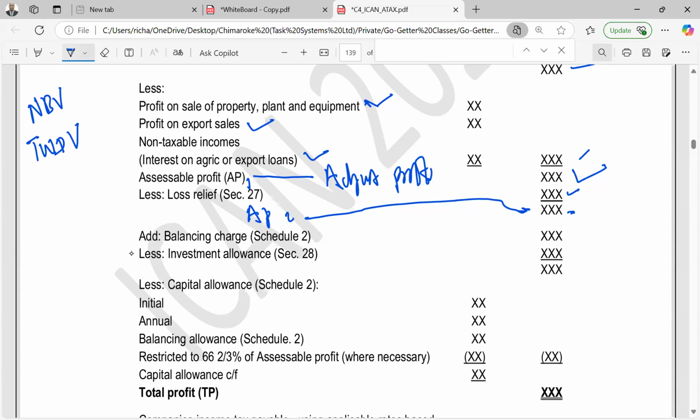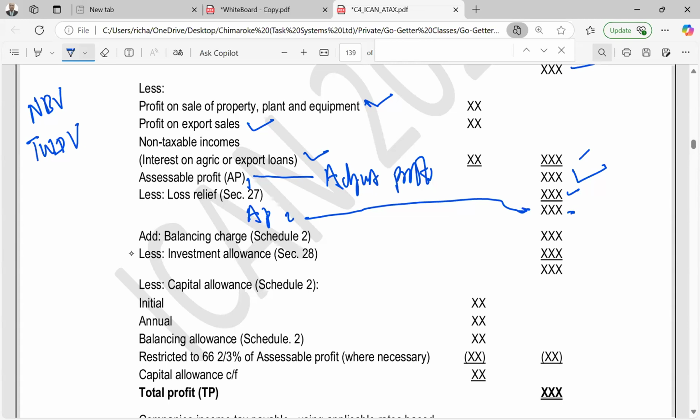What does it mean? It means that you have gained 50,000 extra more than your tax written down value. Now, we are not concerned about the net book value, we are concerned about the tax written down value. It means that if you have not sold the assets, that 250,000 will have been reduced in the long run in your account until it gets to zero.